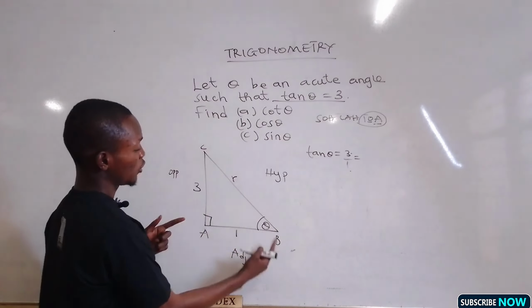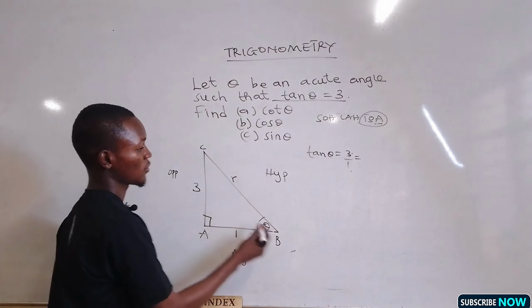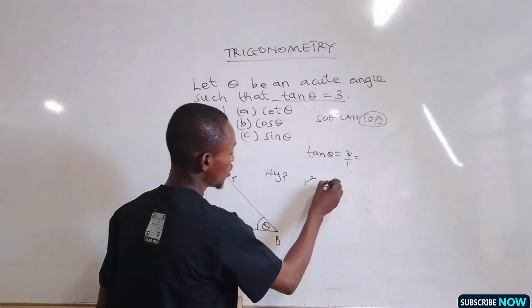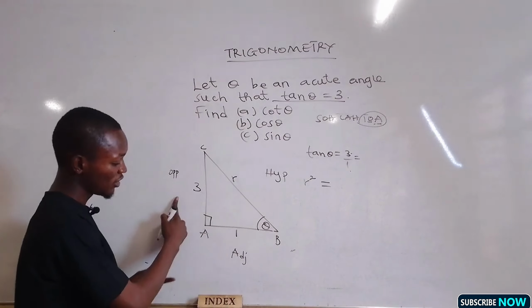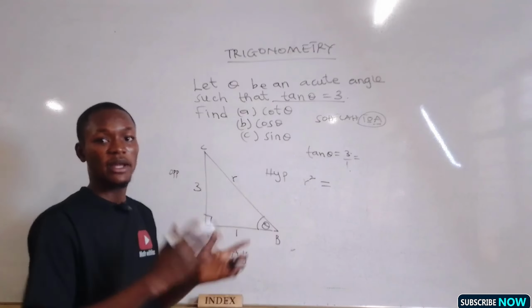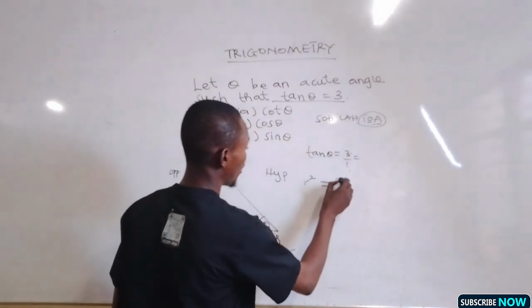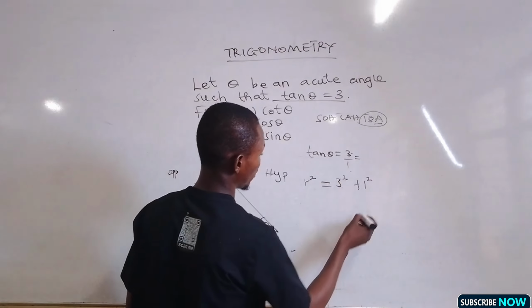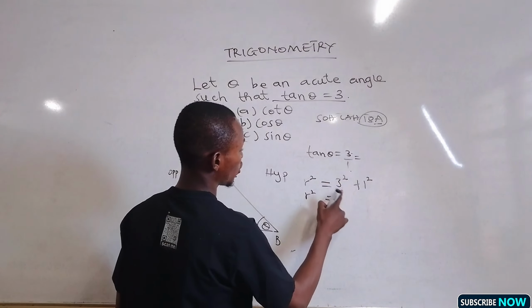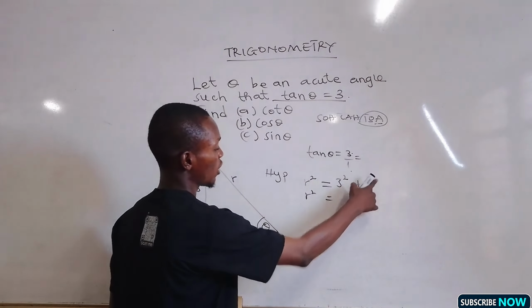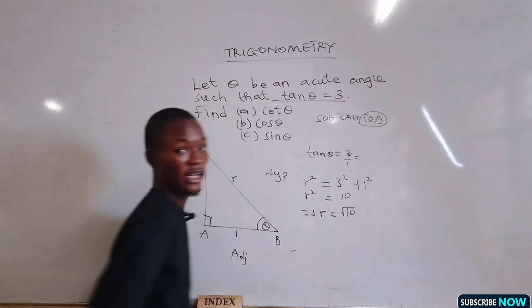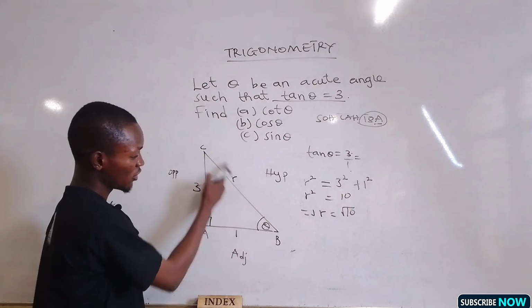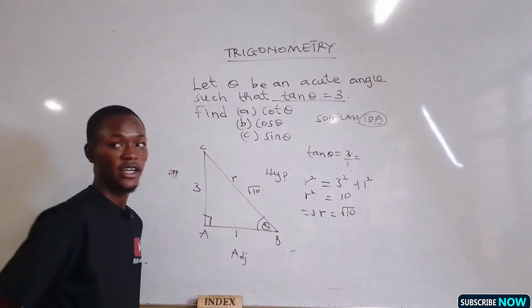The hypotenuse is R, so R squared is equal to the sum of the squares of the opposite and the adjacent. That means R squared is equal to 3 squared plus 1 squared, which is 9 plus 1, which is 10. This implies that R is equal to the square root of 10. So the hypotenuse is the square root of 10.